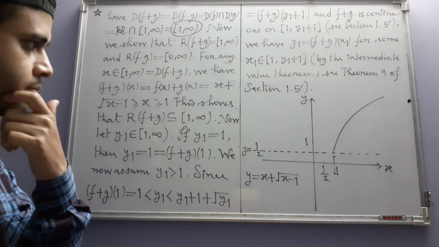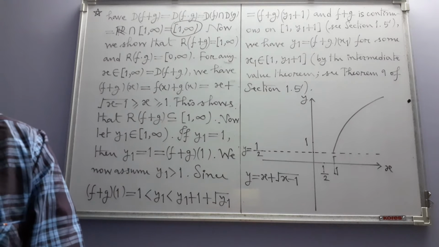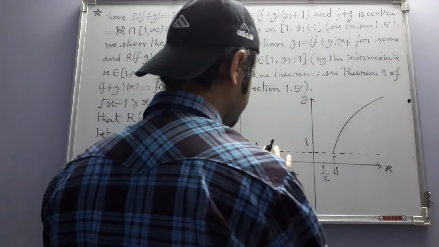Now, why have I written 1 by 2 here? I think this will also be 1, no?